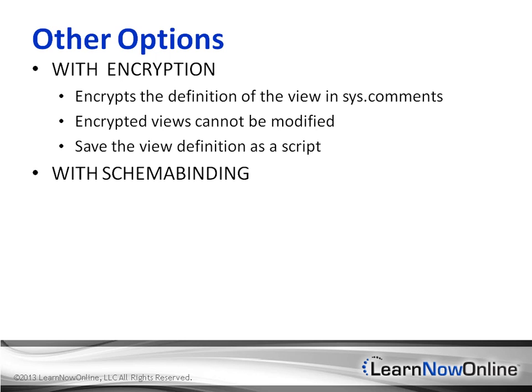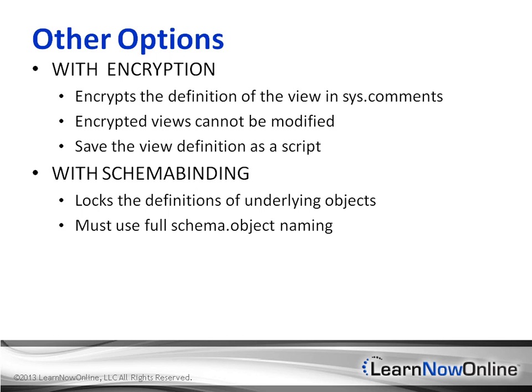All right, then another option is with schema binding. This option locks the definition of the underlying objects used in the view definition, views, tables, whatever. Once you create the view with this option, you won't be able to drop or make design changes to any of those underlying objects.